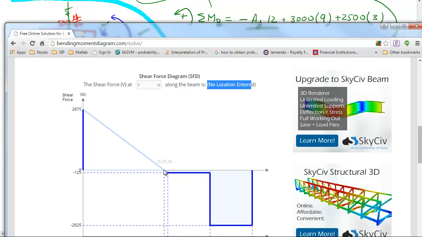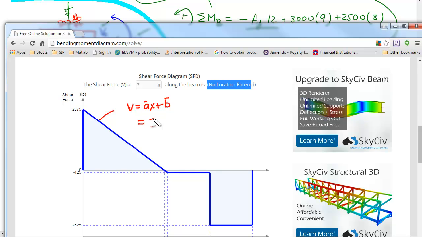However, I could actually find it by looking at the rise over the run. Here's how I would do it. So this line is actually shear equals ax plus b, slope and intercept.